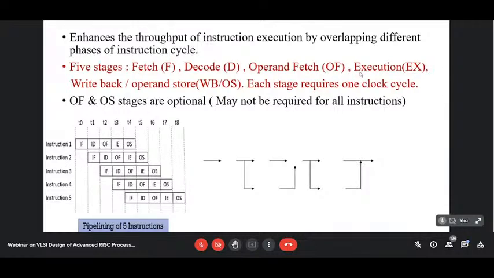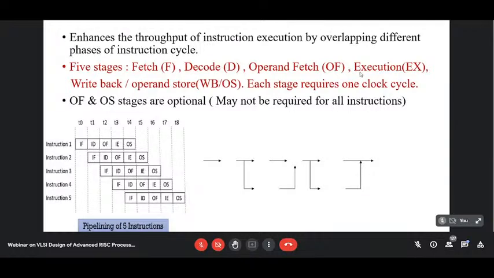But if it is pipelined, then what will happen? When the first instruction has gone from the fetch cycle to the decode cycle, the fetch unit is free. Then the second instruction can enter the fetch. When the first instruction has gone into the operand fetch cycle, the third instruction can be in the fetch.